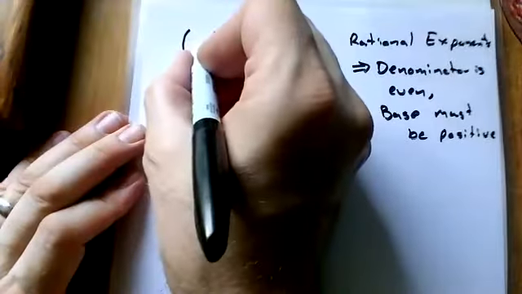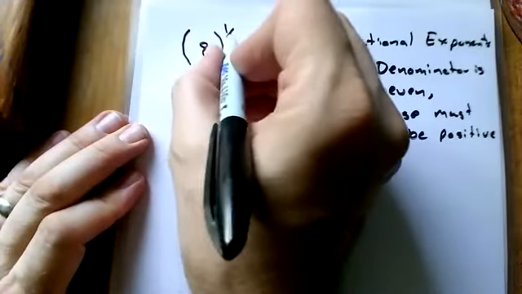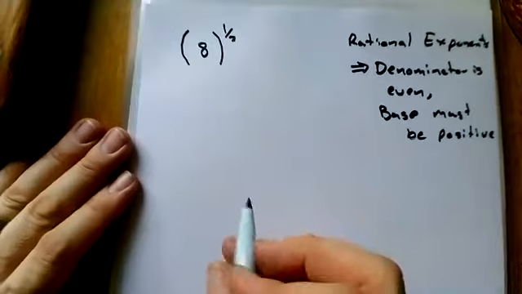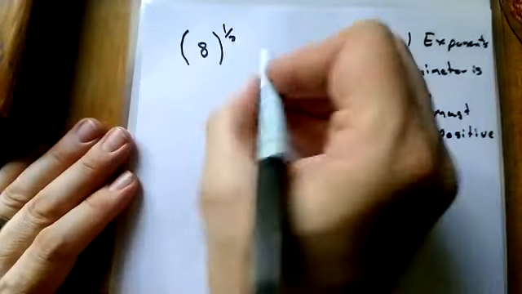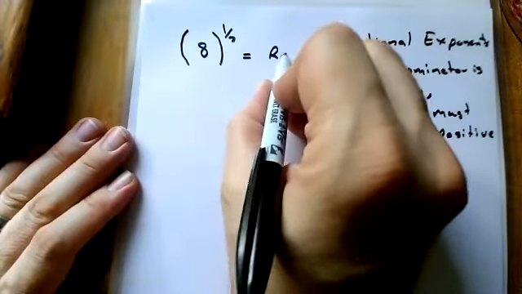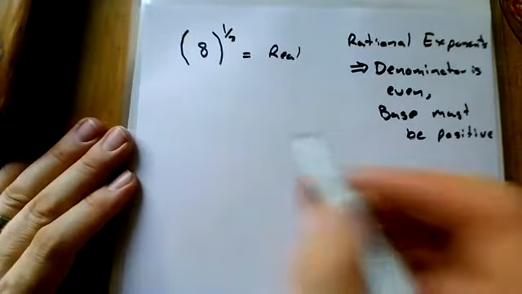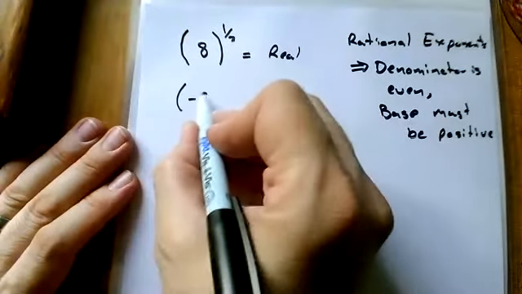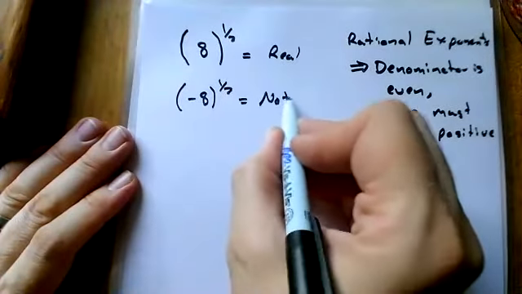So say I've got 8 to the 1/2 power. I can do that. This would give me a real number. I don't know what that's going to be, but I could say, oh yeah, that's going to be real. If I've got -8 to the 1/2 power, that is not real.